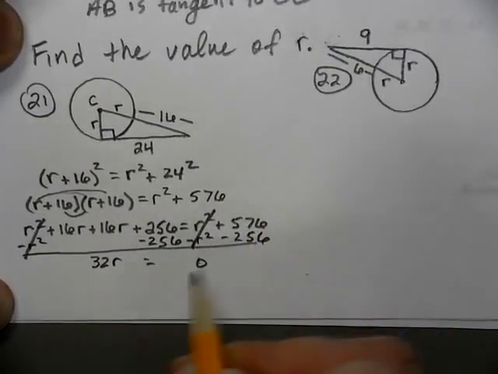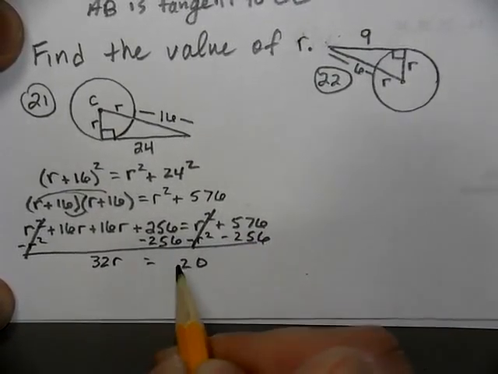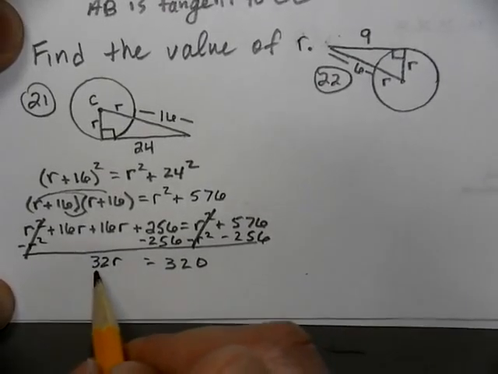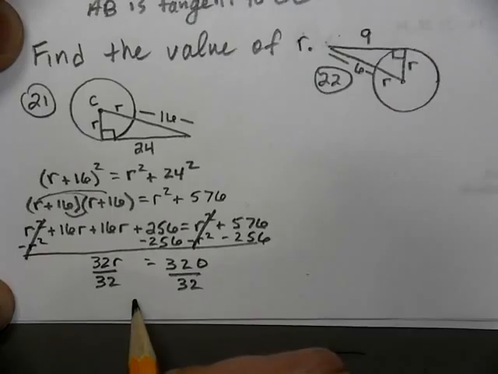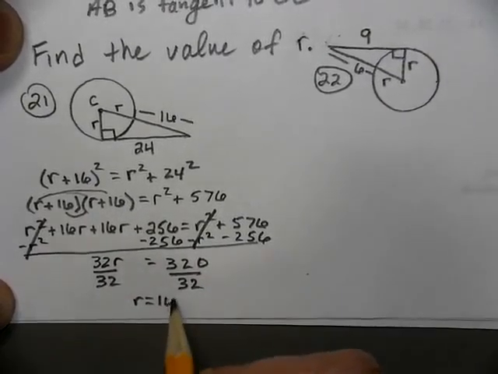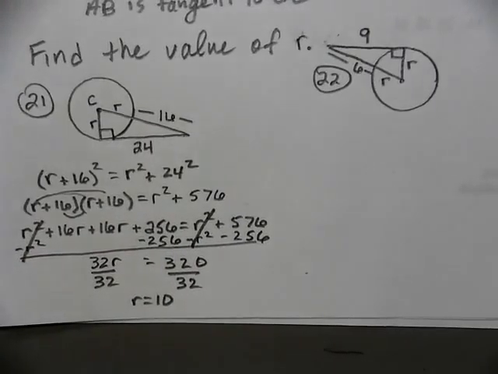That'll leave us 320. So when we divide by 32, we see that r is going to be 10. So the radius in this case would have to be 10, and that would be a right triangle.